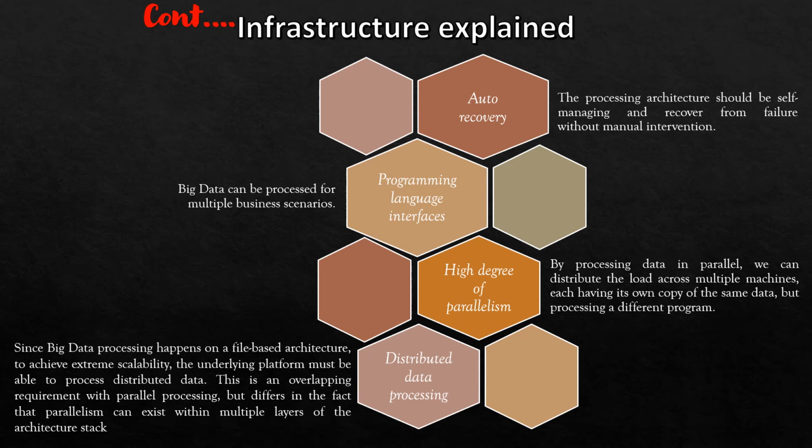And then the programming language interface. Big data can be processed for multiple business scenarios. For example, a document can be processed for multiple subject areas and classified under more than one category of product or service. This processing cannot be done using any COTS, which stands for Commercial Off-the-Shelf software, and needs custom coding and development.